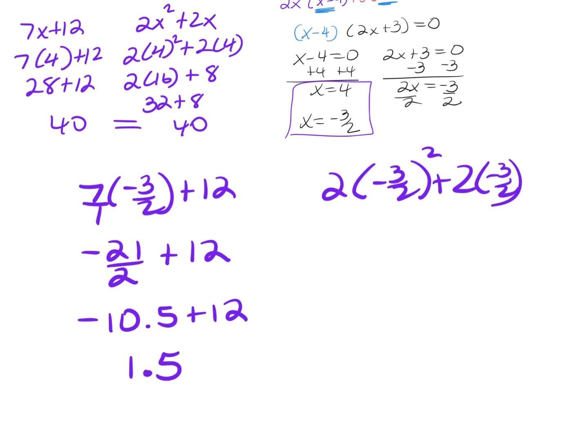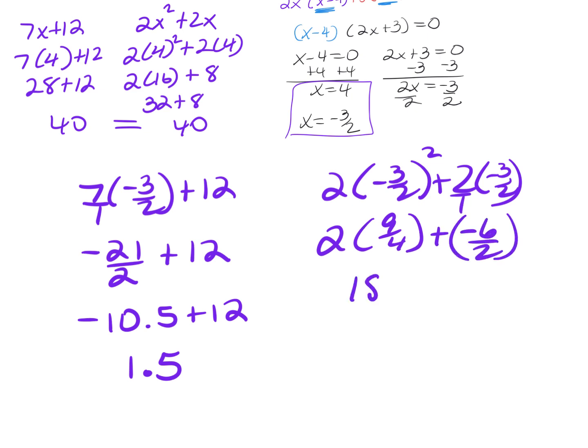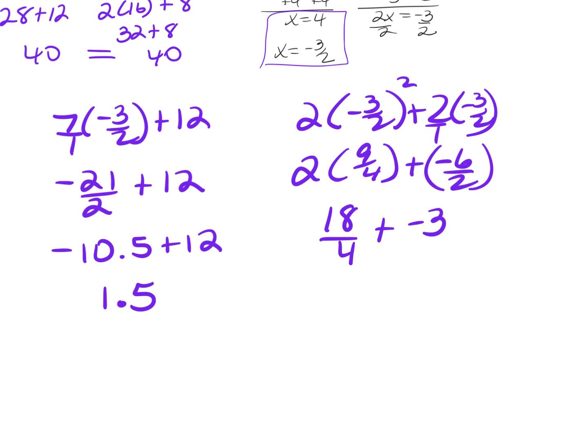Over here, I've got to do the exponent first. I could add a 1 here. Negative 3/2 squared gives me 9/4, times 2 is 18/4, plus negative 3.